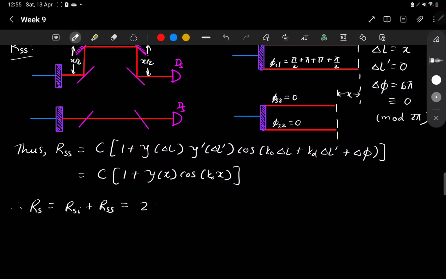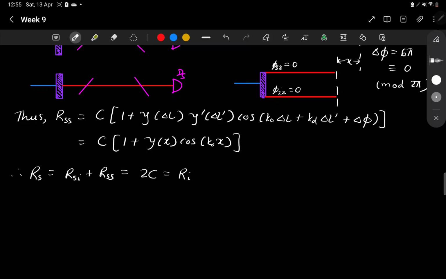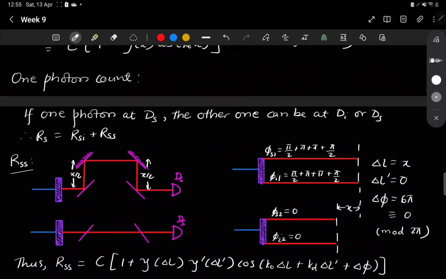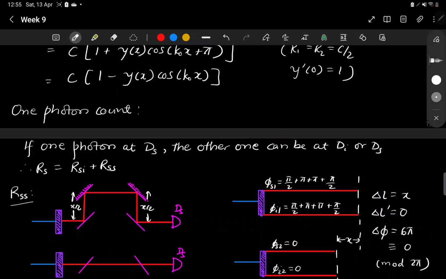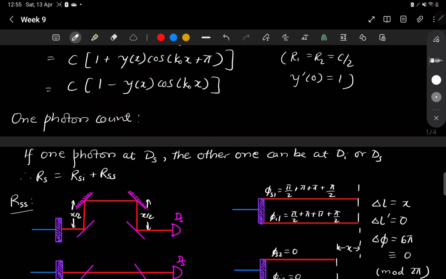As a result, you get 2C, and this is same for the RI, the other detector single photon count rate, because of the symmetry of the problem. So this was about coincidence count and one photon count rate.